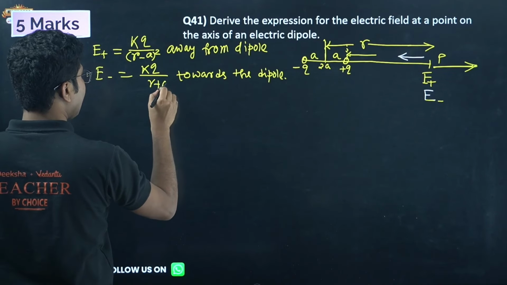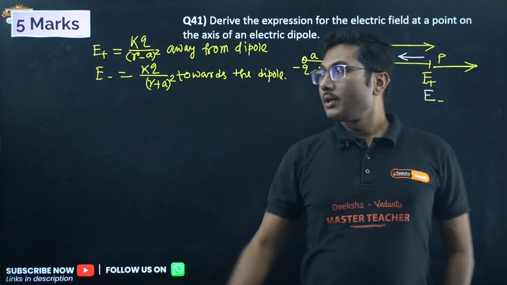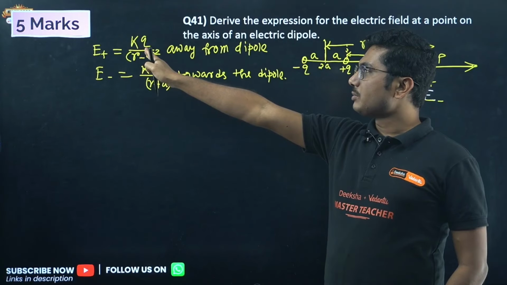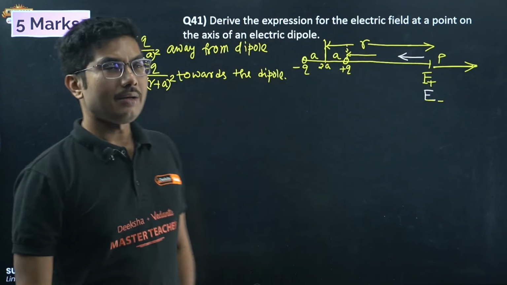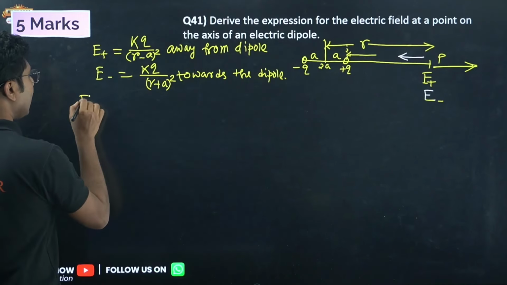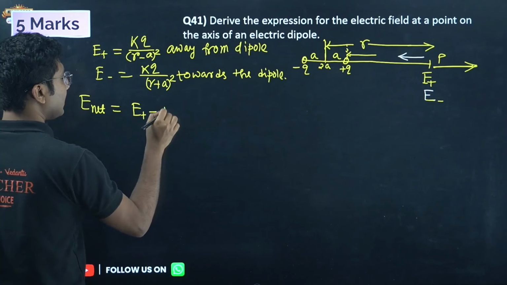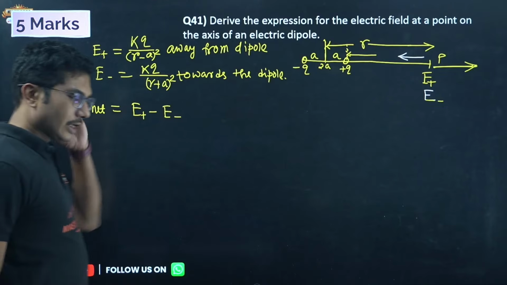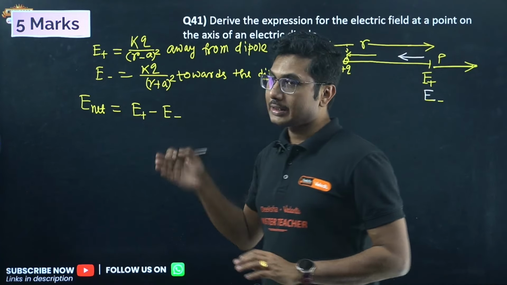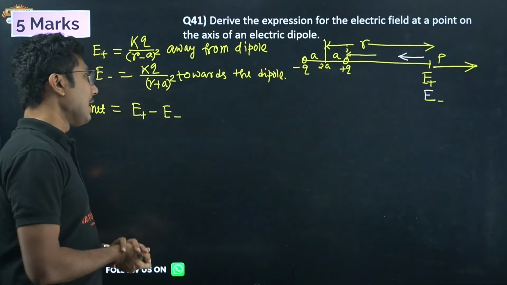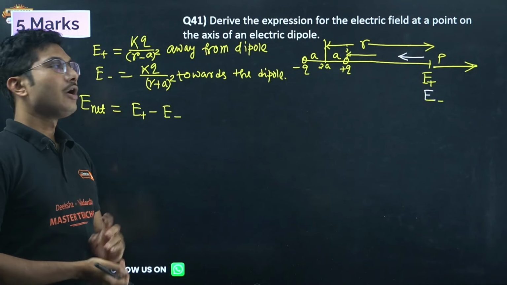Now if you see plus and minus, plus has a smaller denominator compared to minus, so plus is bigger than minus. So the net electric field will be E plus minus E minus. Whenever you are solving problems where you are finding the net electric field, do not put the sign of the charge in the equation.